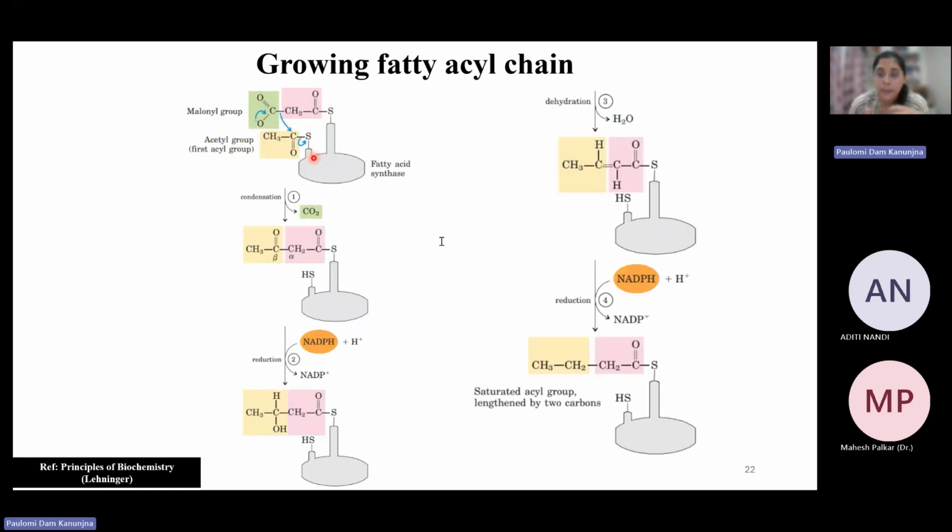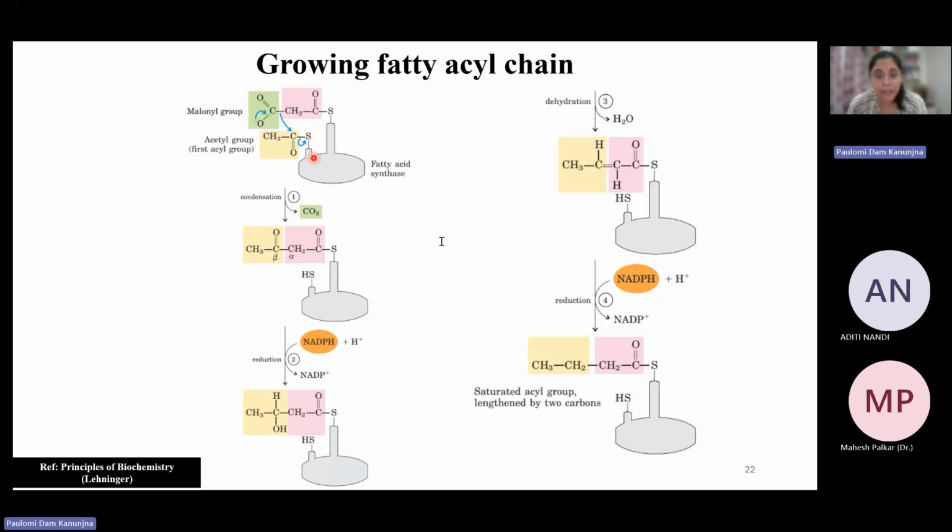And the intermediates that we will see in a while remain bound to these thiol groups as thioesters. The first attachment point is again a thiol. As we know, a thiol group is SH. So it is the SH group of a cysteine residue, in one of the enzyme components, which is called beta ketoacyl ACP synthase.